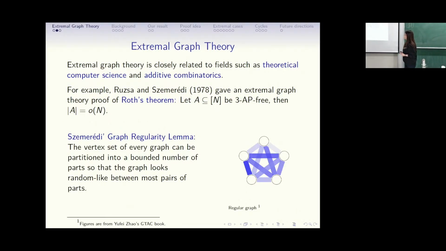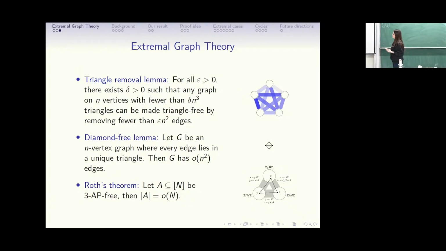Roughly speaking, Szemerédi's graph regularity lemma states that the vertex set of every graph can be partitioned into a bounded number of parts, so that between each two parts, up to some epsilon parts, we don't care, between most of the parts the graph behaves quite similar to a random graph to some extent, so that we can use the good properties in the random graph setting.